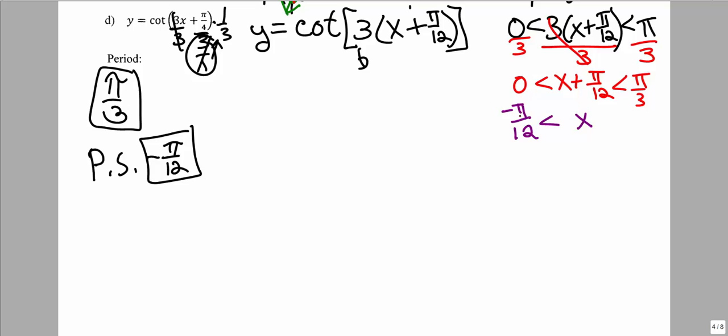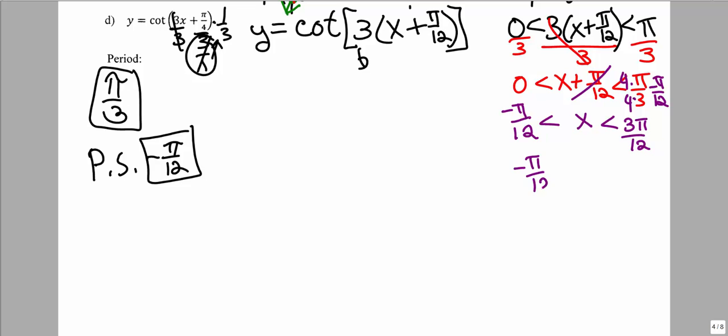So we end up with 0 minus pi over 12 will be minus pi over 12. Subtracting pi over 12 from the middle, the pi over 12 cancels out. And I want to subtract pi over 12 from this. In order to do that, I have to have a common denominator of 12. 4 pi minus pi would be 3 pi over 12.